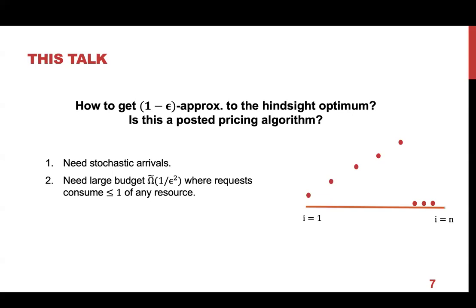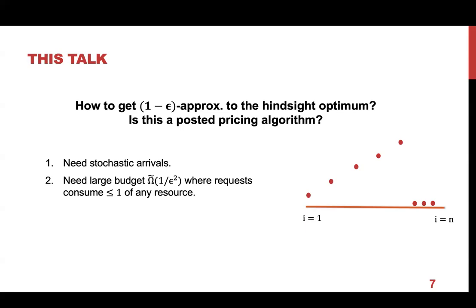I'll make the model formal in a bit, but it turns out it won't matter too much for the kind of settings we'll talk about. We'll be talking about very general settings. But the major assumption we'll end up making is the large budget assumption, which basically means you have many copies of every resource. Roughly, if I'm aiming for a 1 minus epsilon approximation, I'll need every resource to have at least 1 over epsilon squared copies.